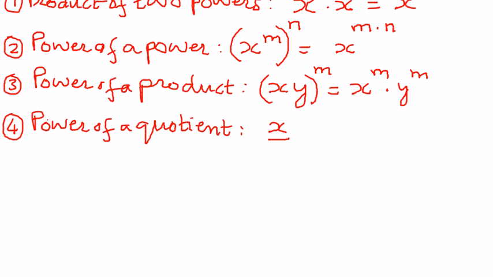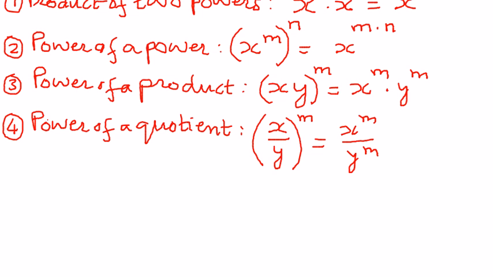We can think about it as a ratio, x over y. If we have terms x over y like that, and then these terms are raised to the power of m, every one of the terms will be raised to that power. x to the power of m divided by y to the power of m. So that is called the power of a quotient.